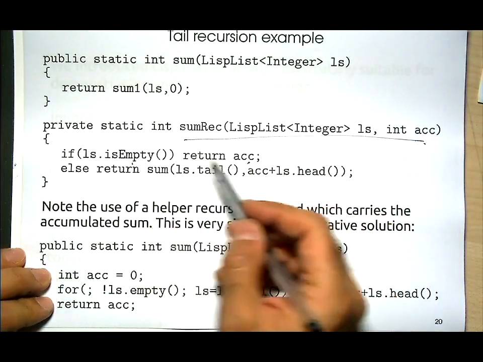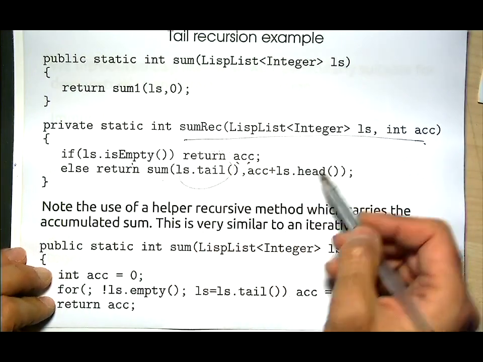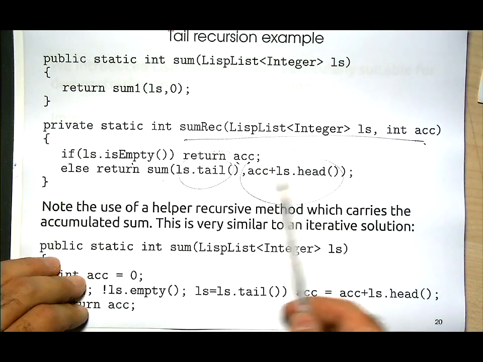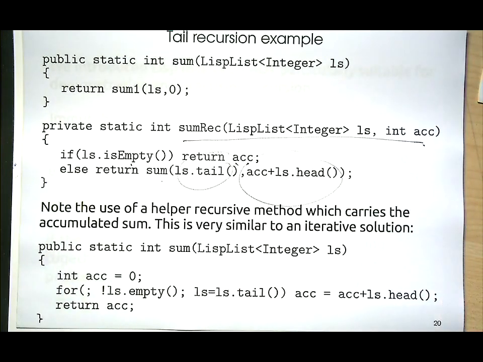If the list is empty, it returns the accumulator; otherwise it returns the sum of the tail of the list, passing as an argument the accumulator plus the head. Anyway, I think we have talked about this before with arrays, so we can have tail recursive solutions, and these are very close to the iterative solutions we saw before.